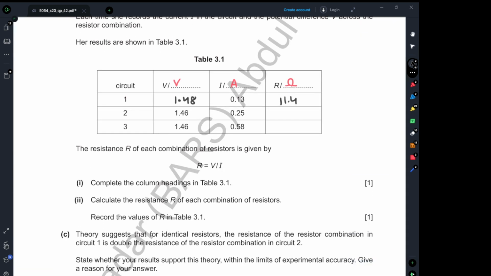Calculate the resistance R. So 1.46 divided by 0.25 is going to be, 5.84, if I'm not wrong. Yeah, should be 5.84. And 1.46, anything divided by 0.25 is essentially multiplied by 4.